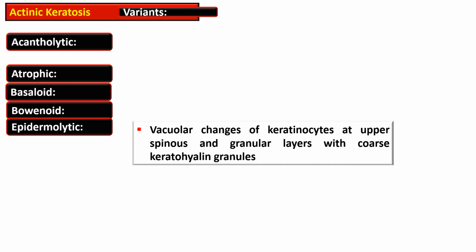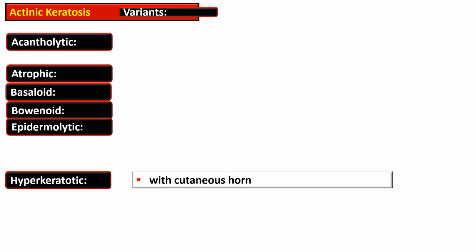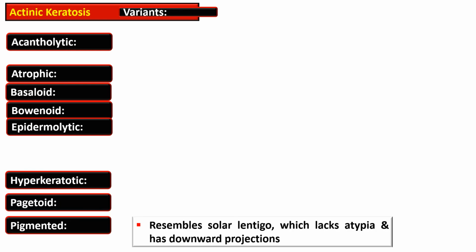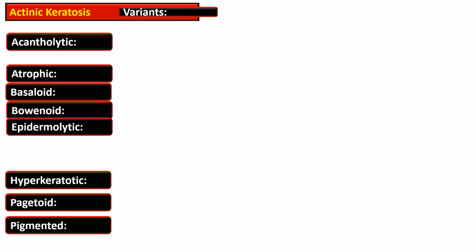Then epidermolytic variant, there is vacuolar change of the keratinocytes at the upper spinous and granular layer with the presence of coarse keratohyaline granules. Hyperkeratotic variant is marked by development of cutaneous horn. Pagetoid has the typical Paget cell-like cells, and the pigmented resembles solar lentigo that lacks atypia and has downward projection.